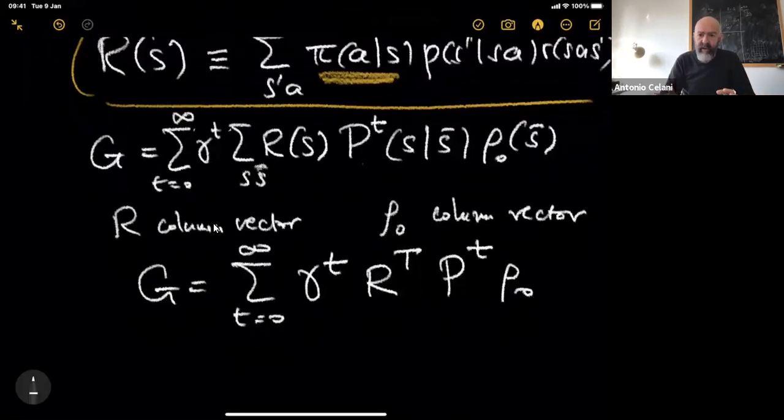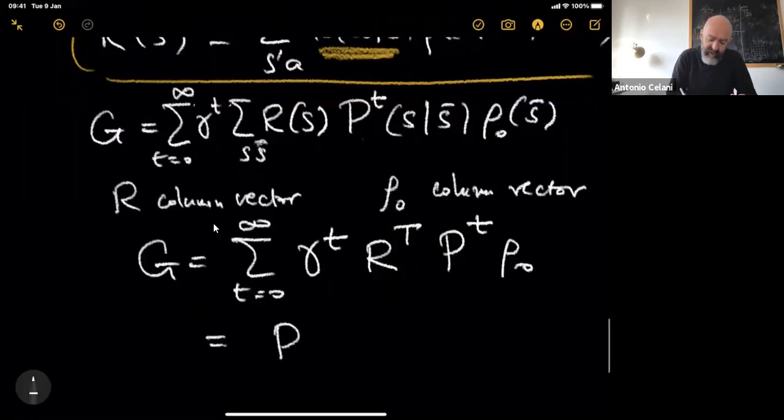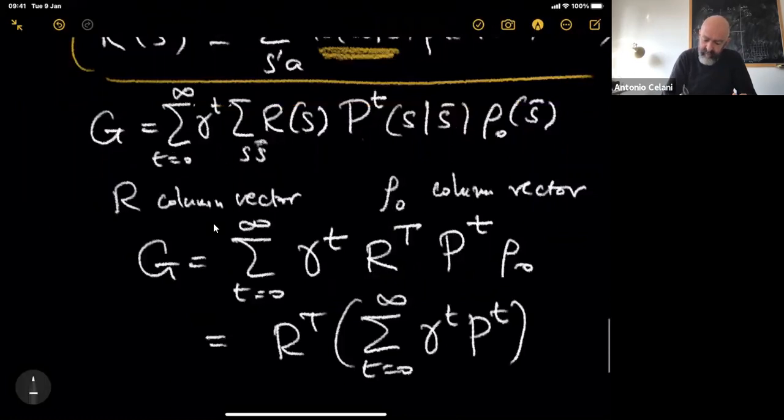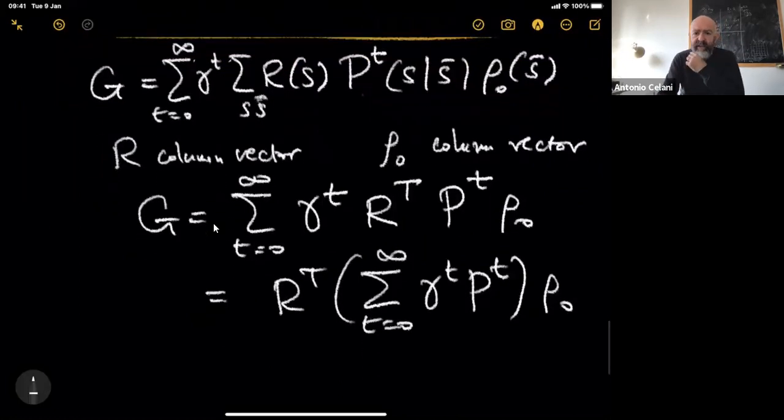We can even go a little step further, because here there is an interesting object. So let me do a further trivial manipulation. But now you see that this object in brackets looks like something familiar.